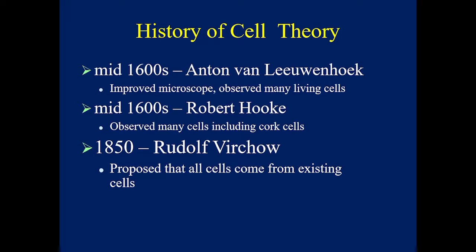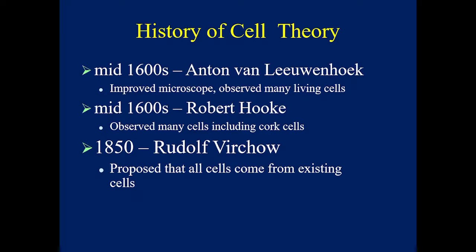Before moving to learn about the cell theory, the history is more important. Two scientists, Anton van Leeuwenhoek and Robert Hooke, contributed much in cell biology. Anton van Leeuwenhoek improved the microscope.